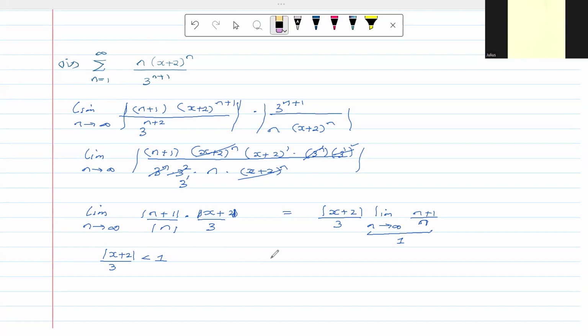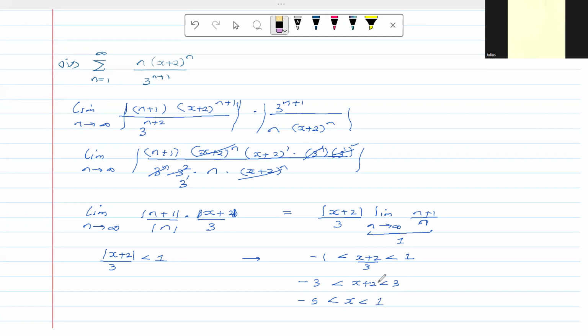And that means that if I write this in this form, I will have minus 1 less than x plus 2 over 3, and x plus 2 over 3 less than 1. So I multiply by 3 on all sides. I have minus 3 less than x plus 2 less than 3. And then that means that x is between minus 5 and 1.